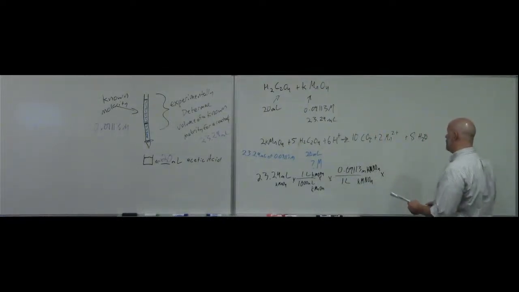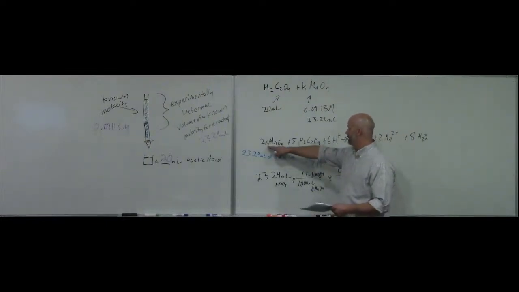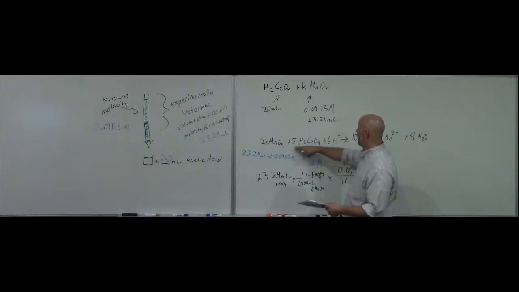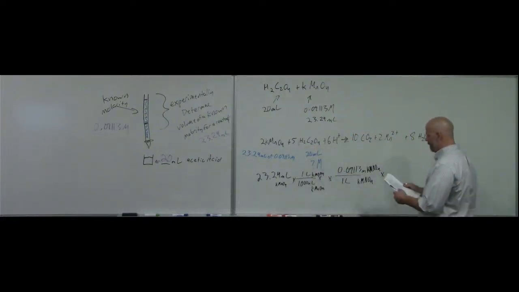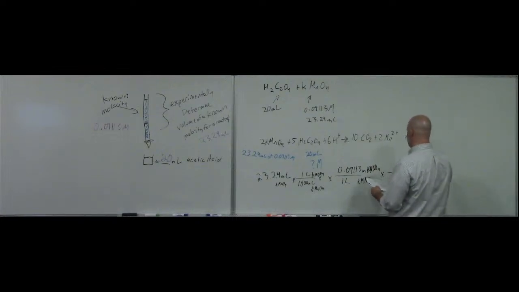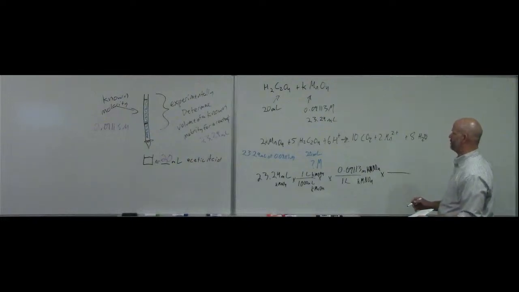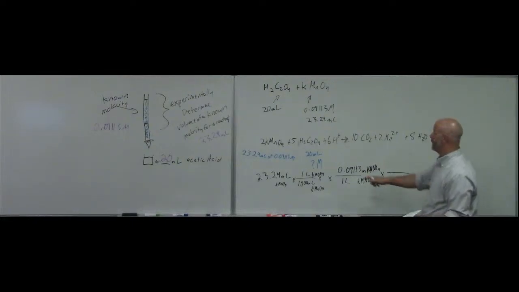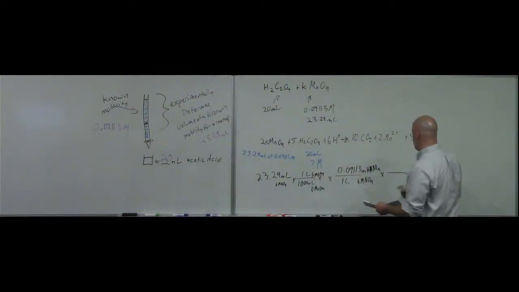Now I can do my mole-mole ratio. I can get from moles of potassium permanganate to moles of the oxalic acid. How many moles of potassium permanganate do I need? It's going to be here, actually. I need 2 moles of potassium permanganate. That's going to go on the bottom.